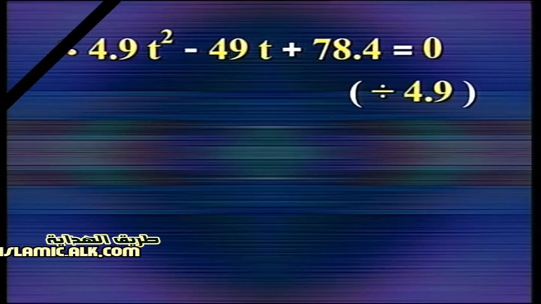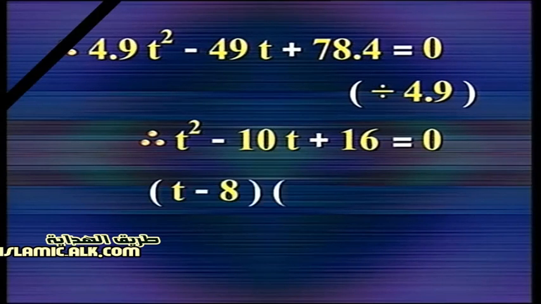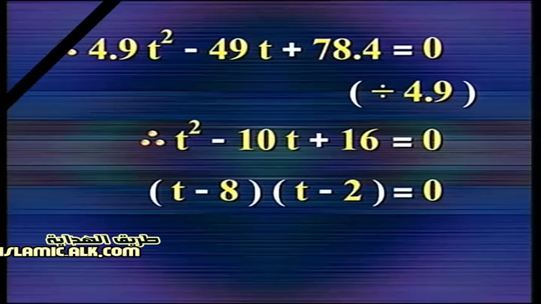By dividing each term by 4.9, the answer is t squared minus 10t plus 16 equals 0. By using factorization, we get (t minus 8) times (t minus 2) equals 0.